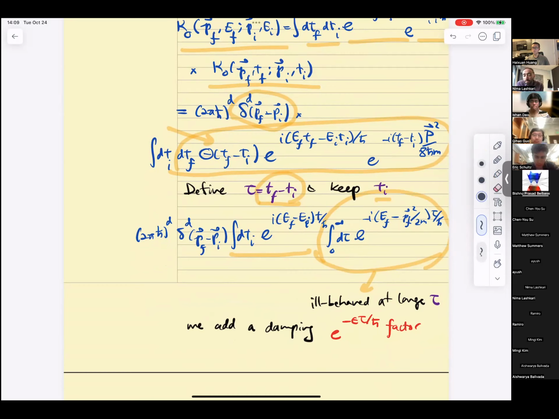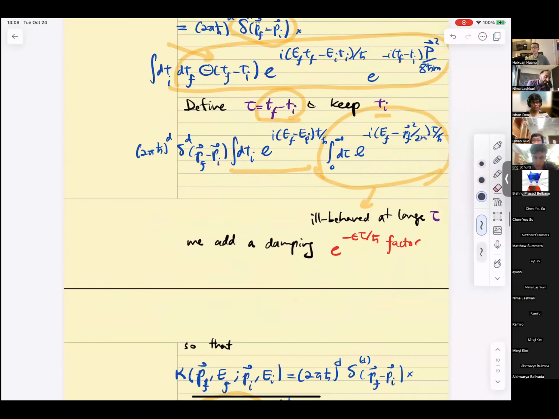This was the same issue that we encountered in the 2-point function. Our integration path was going through a pole. The way we dealt with it was deforming the contour in the P0 plane. P0 is energy, giving energy a tiny bit of complex variable. We do this exact same thing here.